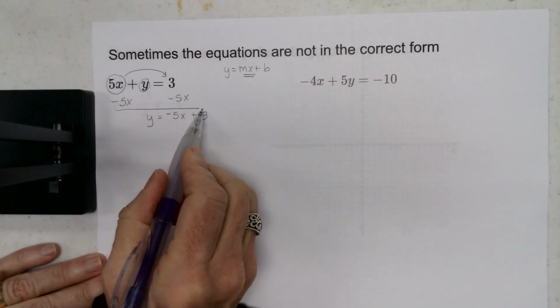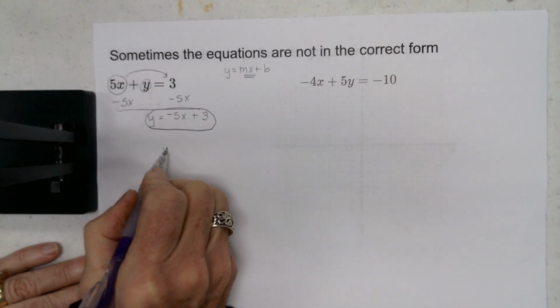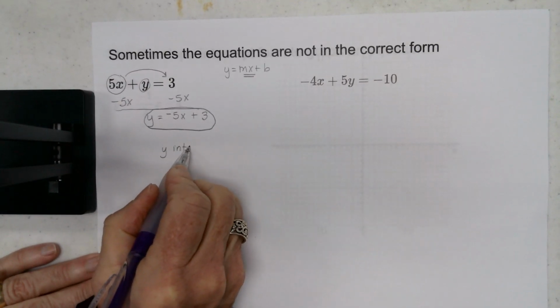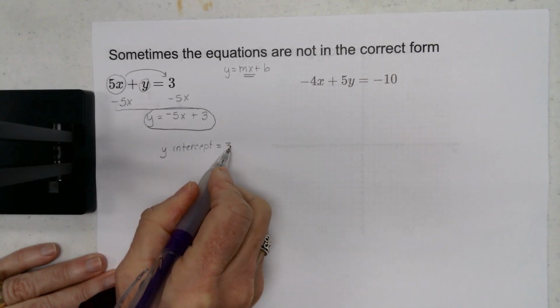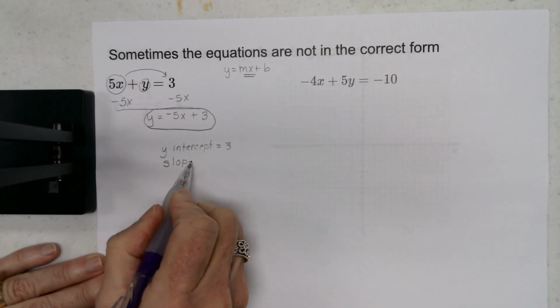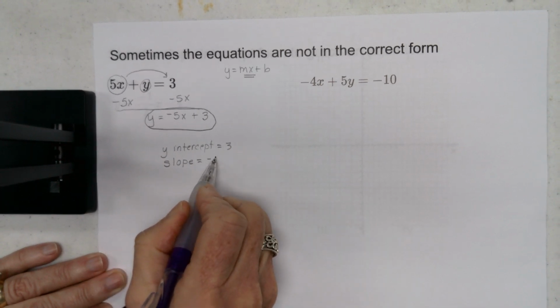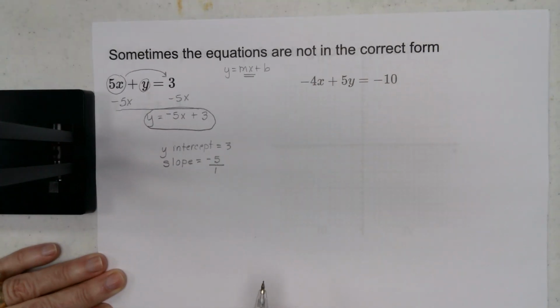So now this right here is in the correct form, and I can tell you that the y-intercept is equal to 3, and I can tell you that the slope is equal to -5, or we can call it -5/1, because we kind of want it in a fraction form, because eventually we're going to use this to graph it.